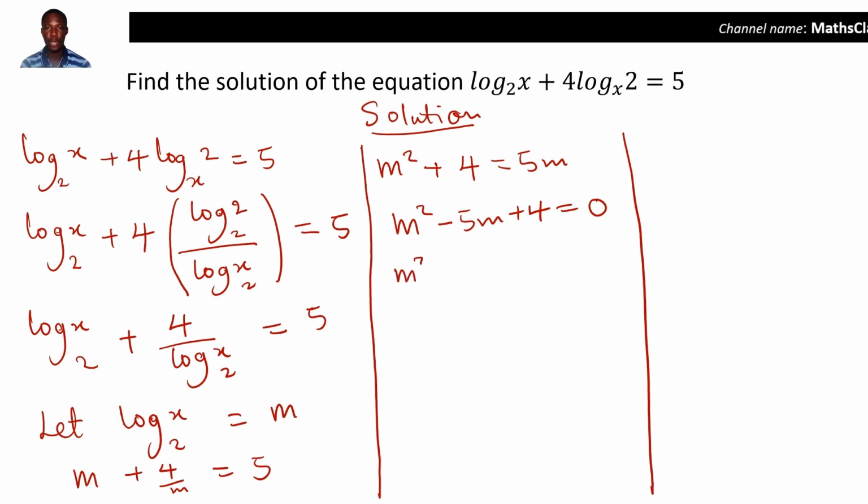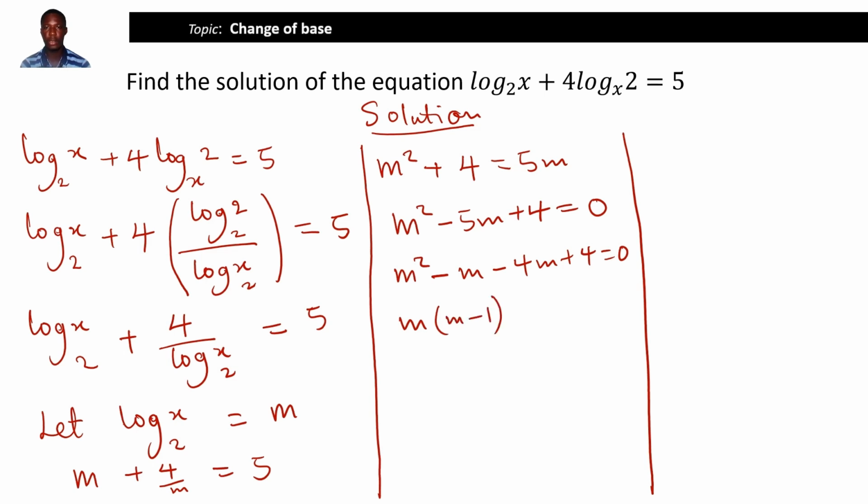So I have m squared minus m minus 4m plus 4 is equal to 0. So here I'll take m out, m times (m minus 1). Here I take negative 4 out, I have (m minus 1) is equal to 0.